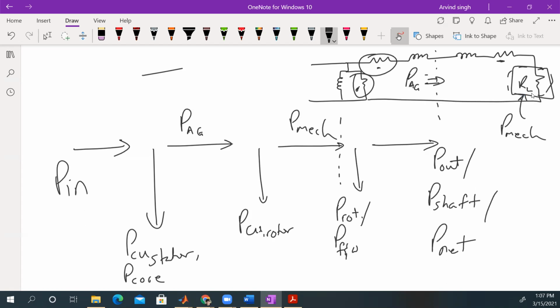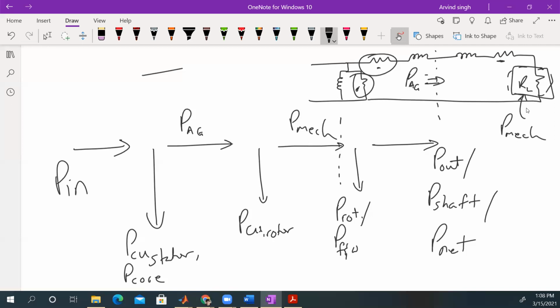From here, both the rotational power and the output power are built into the total mechanical power. If you remember this, you should be able to figure out most of the questions pretty easily, because these things are all related, right?